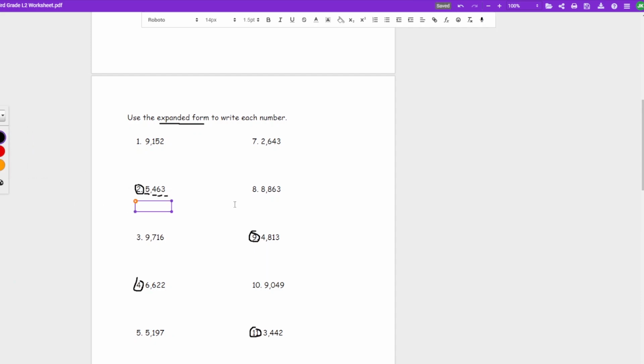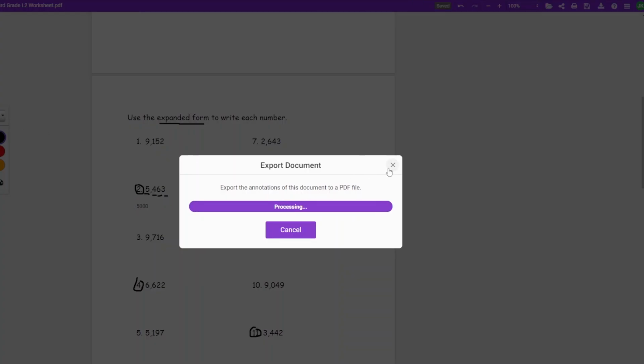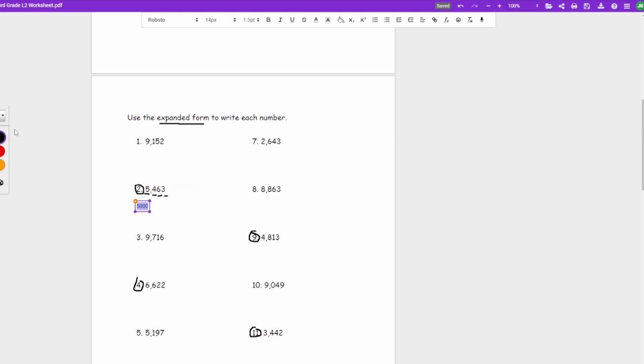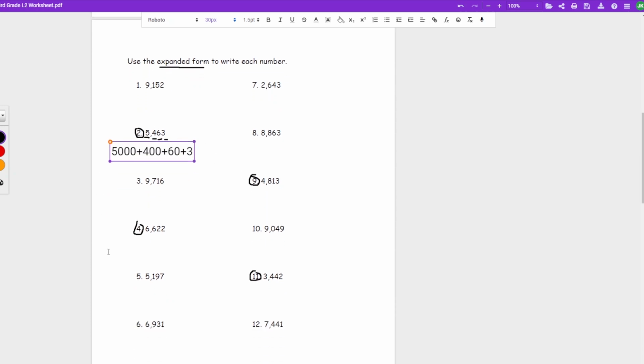I have 5 thousands. Let me make it a little bit bigger. So 5,000, because we have 5 in the thousands place, plus 4 hundreds, plus 6 tens, so 60, plus 3 ones, and that is going to be our answer.